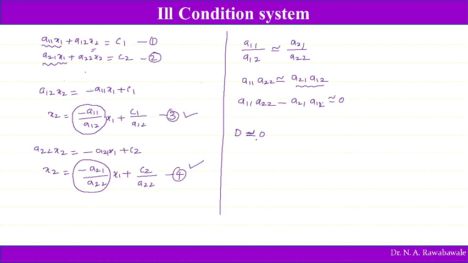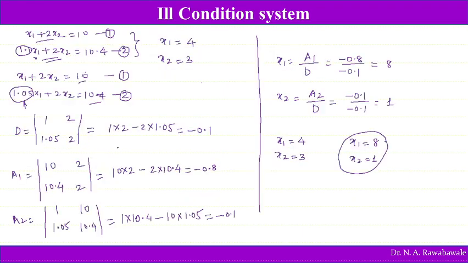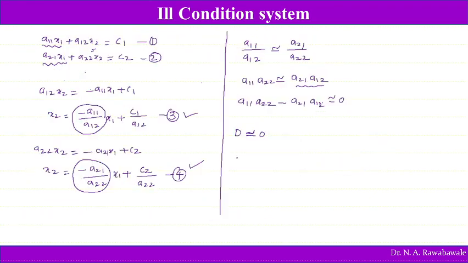So in the previous case what we have seen here, this determinant D is minus 0.1, which is close to 0, in the first case, and in the second case the determinant D is minus 0.02, which is very close to 0. So if we see this determinant very close to 0, then a system of ill conditions is going to exist.